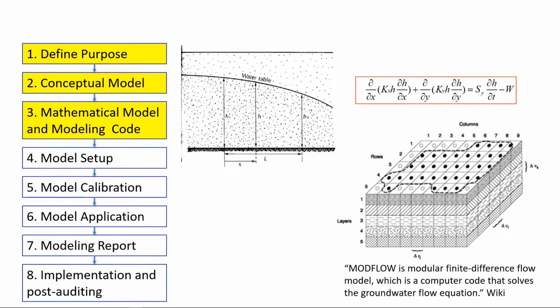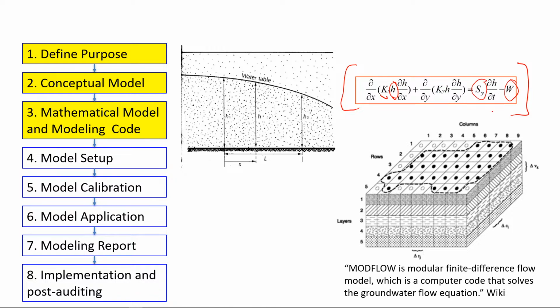Next, once we have a conceptual model, we need to represent this mathematically. This is the mathematical equation that represents this conceptual model. Here, this is my K. This is the h value that the model would be solving for. This is W, the recharge. This is the storage term, the sustainable yield.